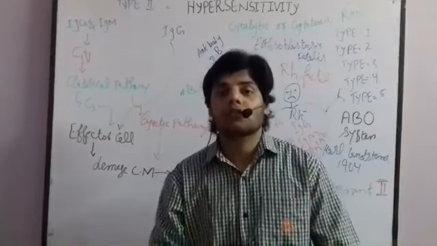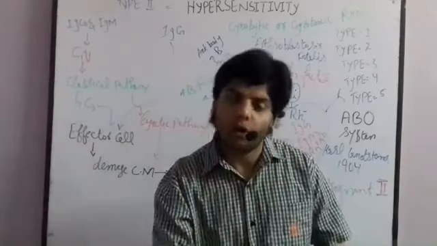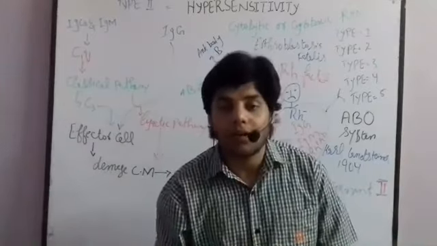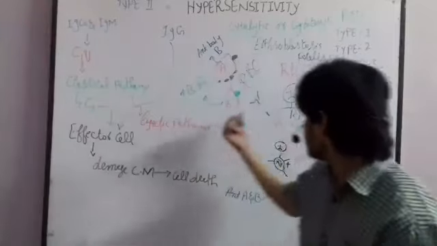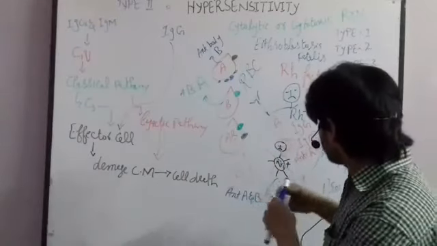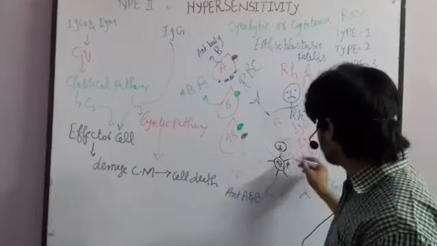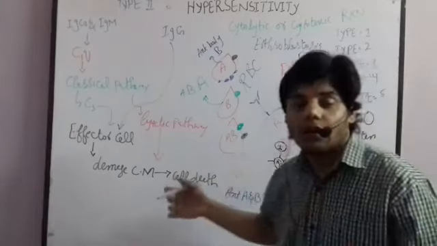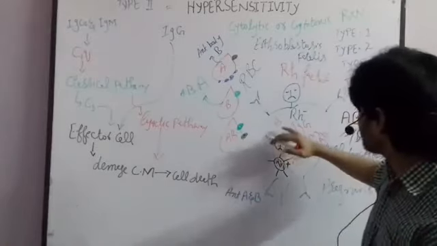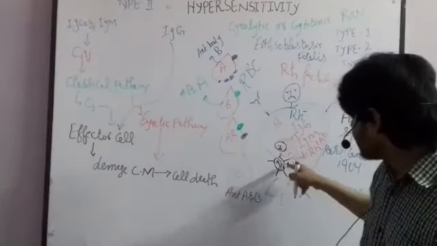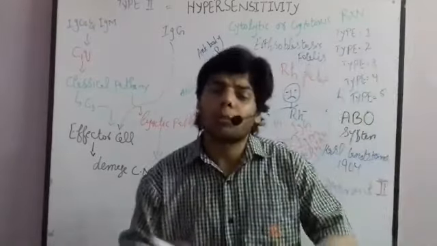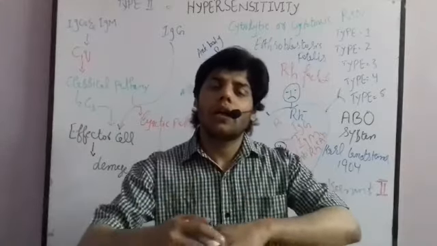So when the baby dies, the second pregnancy is failed. Sometimes the mother also dies. Because they will produce a kind of antibody against these cells, or sometimes they will produce a kind of antibody against this blood. So the process is disturbed.